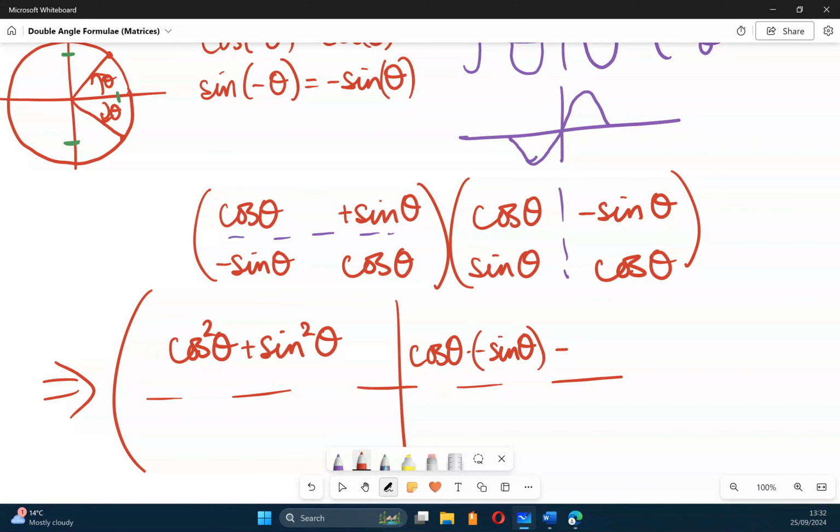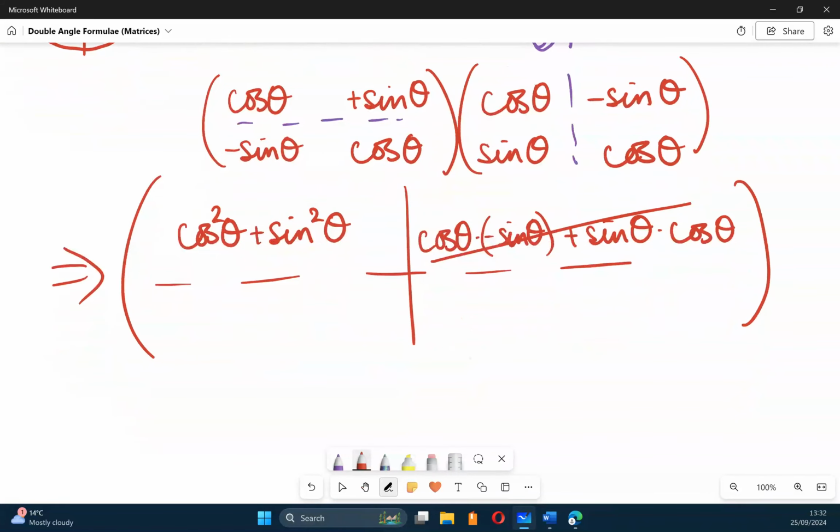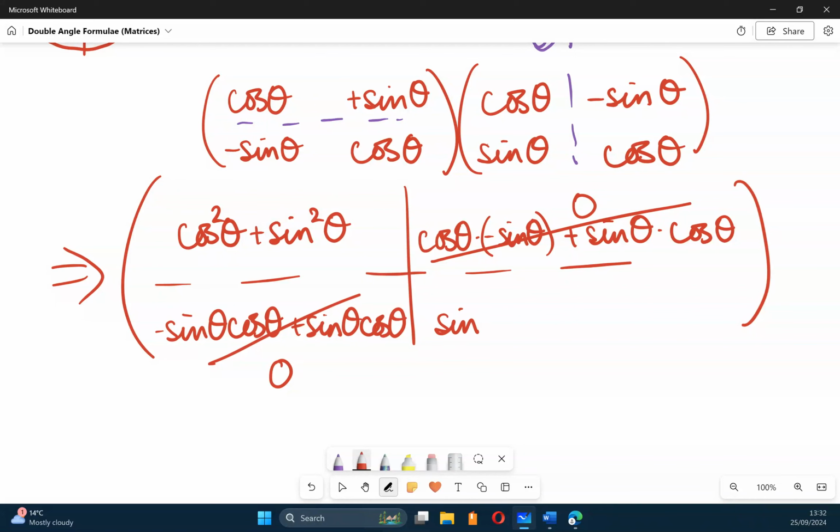And then the other one is plus sine of theta times cosine of theta. But this is just 0. And then this part is minus sine theta cosine theta, plus sine theta cosine theta. This is just 0. And then second row, second column, this becomes sine squared theta. So minus sine times minus sine, and then cosine times cosine.